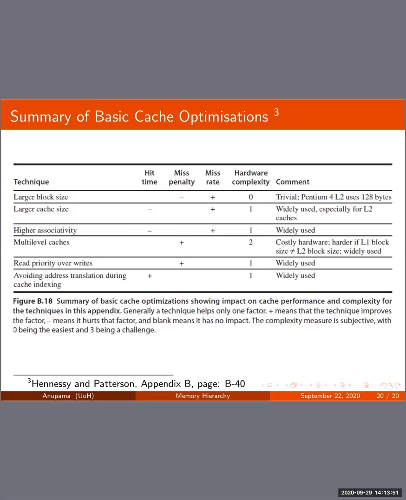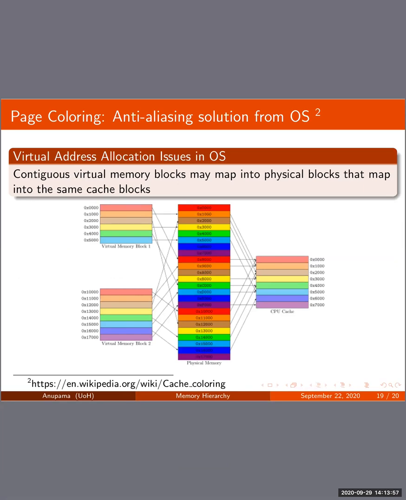If we go back to the figure, if you see this figure, what they are doing is basically coloring the blocks of the cache to be of different colors, and then they also color the physical blocks and the virtual memory blocks such that adjacent virtual memory blocks do not get the same color, because if they get the same color, they may map to the same physical block.